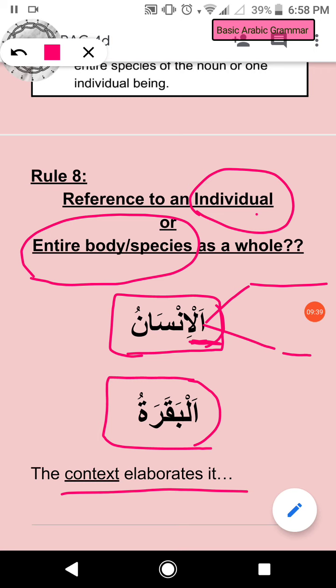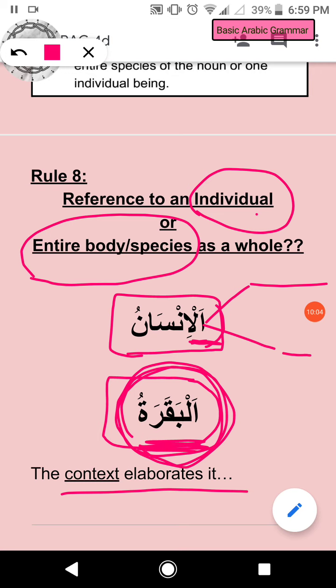If I say an-nisa'u, it could either mean one special woman, or a special group of women, or all the women in general. Similarly, al-baqaratu, if it's written all alone, without any context, could mean one special cow, or it could mean all the cows.